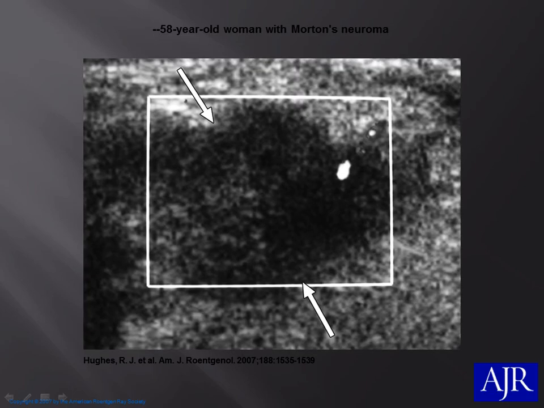This is a useless slide from a recent or semi-recent AJR article showing a Morton's neuroma, but with no adjacent structures. But I thought it was helpful that it does show Doppler flow and a relatively hypoechoic appearance. Otherwise, I could have told you this was an invasive ductal carcinoma.